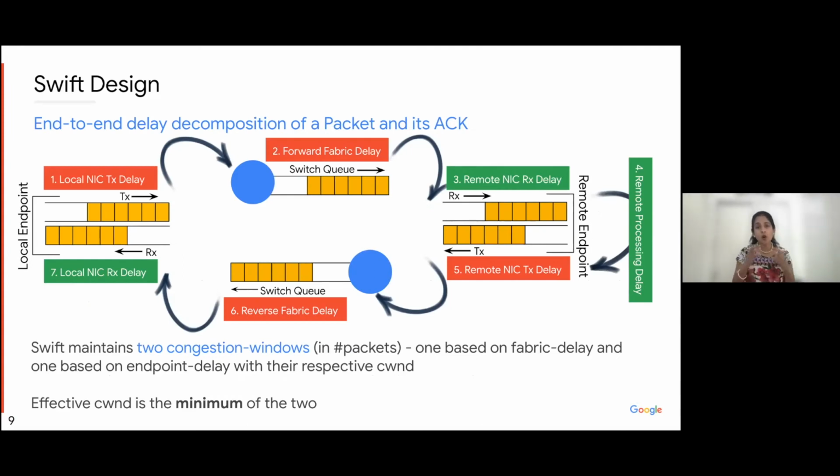So the core aspect of Swift's design is that it's based on delay decomposition. It measures end-to-end delay using a combination of hardware and software timestamps, and it decomposes this end-to-end delay into various different components as shown in this figure, such as the delay experienced in the local NIC TX queues, the delays experienced in the fabric, as well as in the remote NIC receiver queues, from the perspective of a Swift sender, of course.